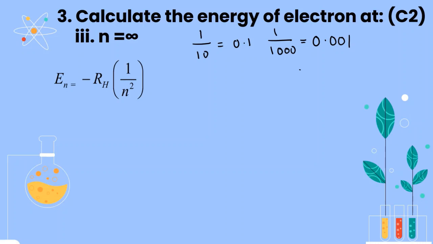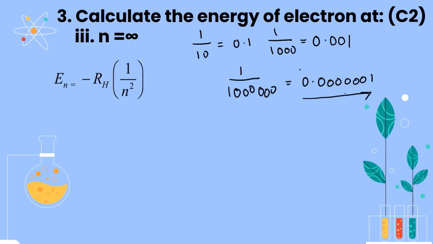And as you divide 1 over an even bigger value, let's say 1 million, you get even smaller. I'm not quite sure if this is the right number of zeros, but as you can see, as you divide 1 by a bigger number, the answer approaches 0.